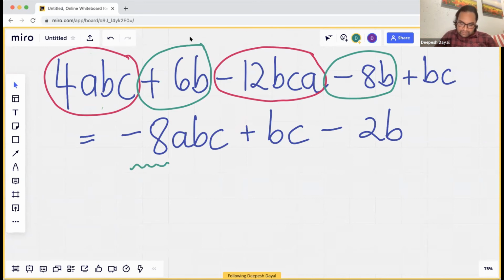And then we've got 6b minus 8b, which gives me just minus 2b. And lastly, we've got bc that doesn't have any like term matching, right?